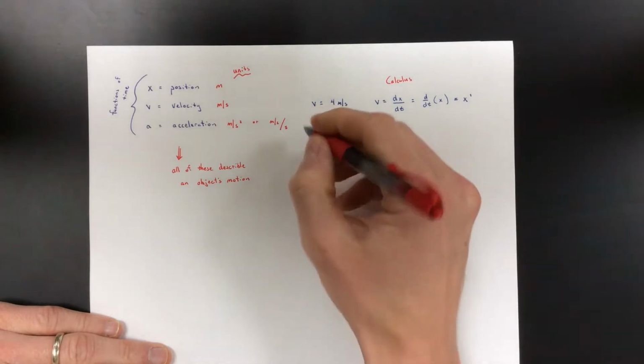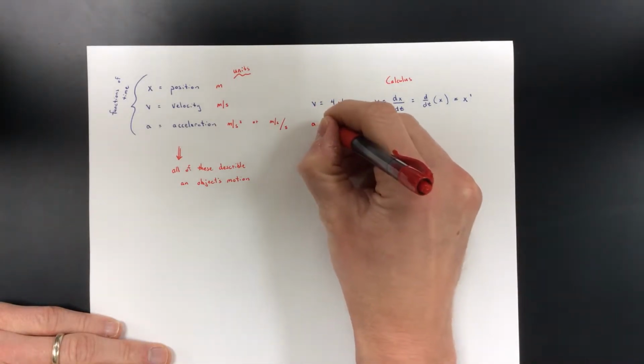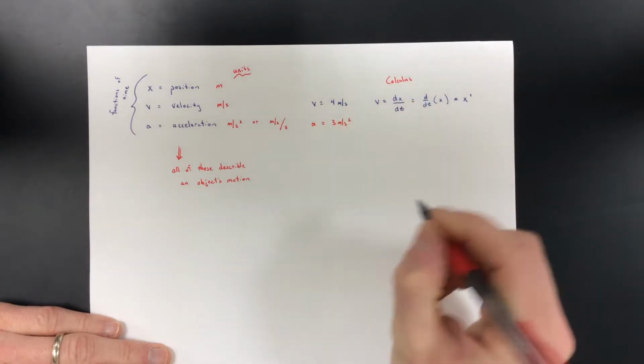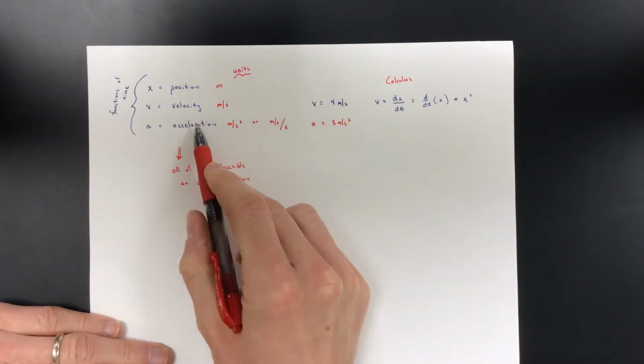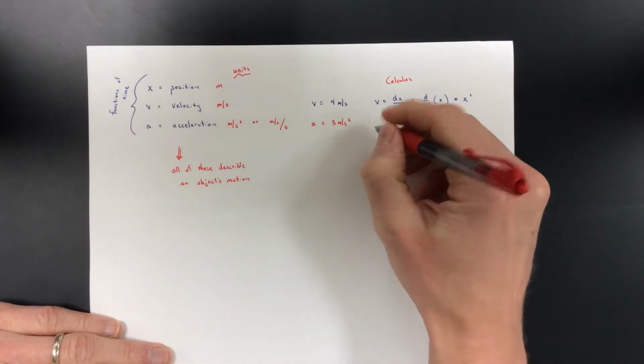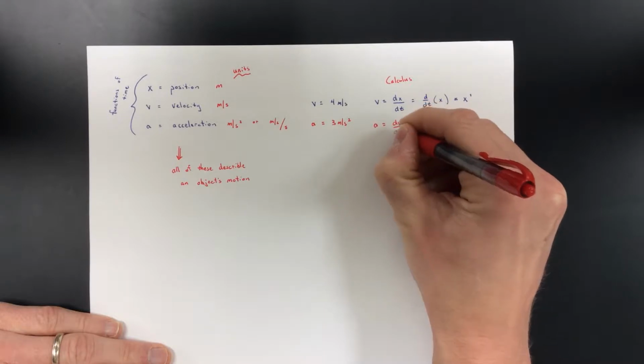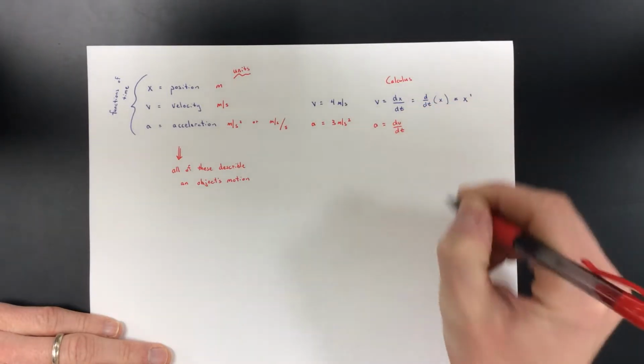Now if we look at an acceleration, what would an acceleration of, let's say, 3 meters per second squared be? Well, an acceleration is the rate at which you're changing your velocity. So the acceleration then is dv dt, meaning the derivative of velocity.